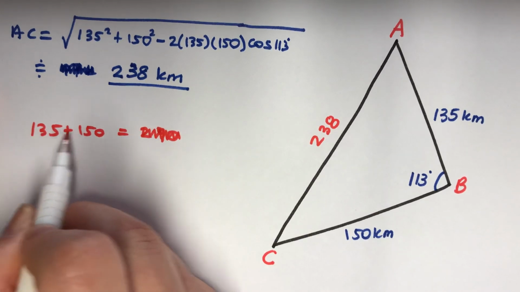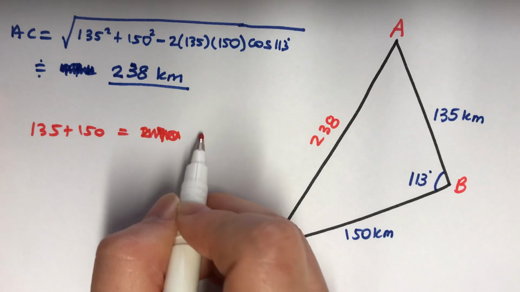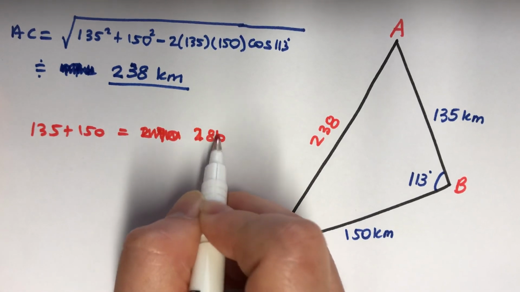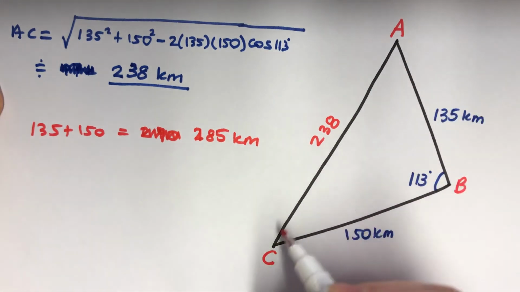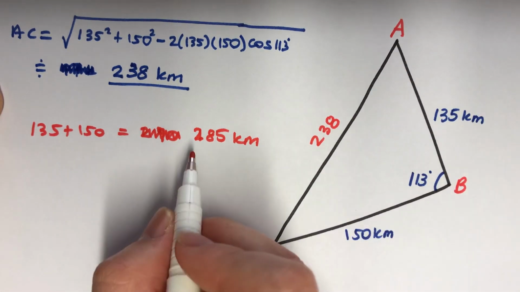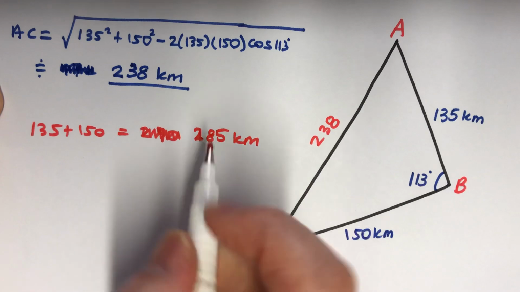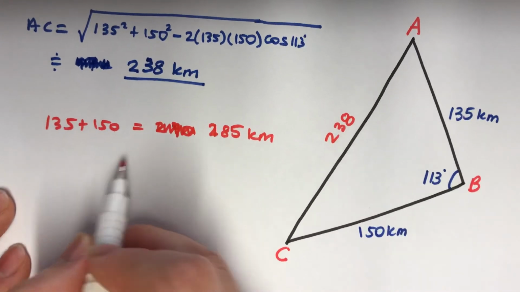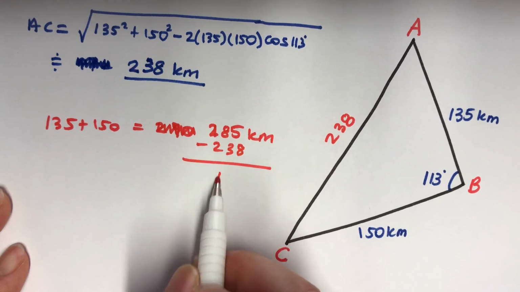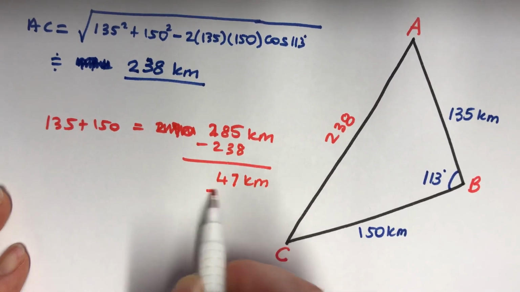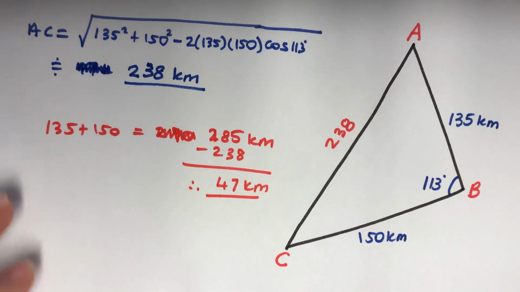It'll be 285 kilometers. So instead of going 238, if we go 285, we're wasting how much? The other way around, take away 238, and we get 47 kilometers. So 47 kilometers will be saved. Okay, excellent. Well done.